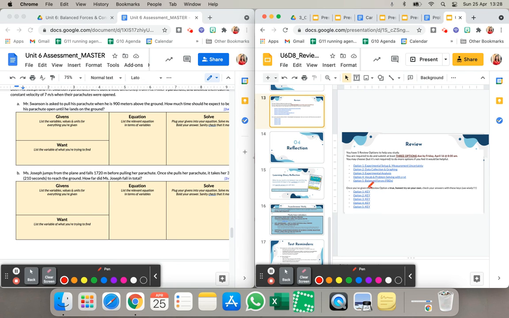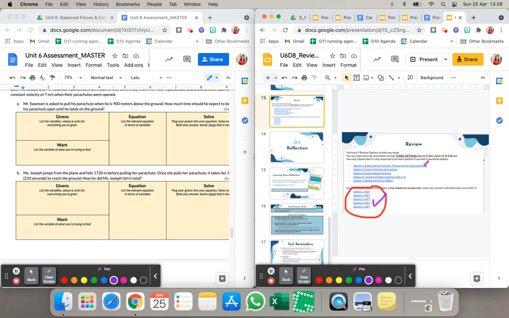You also have access to our keys. Now, no one is recommending or suggesting or in any way implying that you should just open up the keys and try to memorize the information. That's not learning. That's not how science works. But I do want to point out that this is a really helpful resource for you.